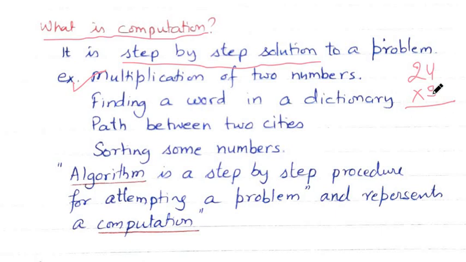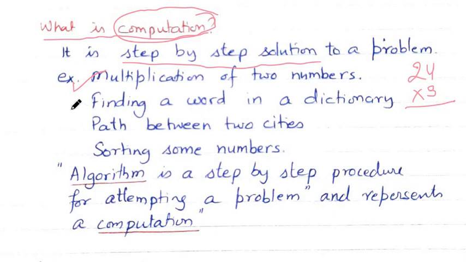We put the multiplication result and carry over to the next digit, multiply the next digit, add up the carry, and so on. So there is a particular step-by-step solution to the multiplication of numbers, and hence this step-by-step process is called computation.